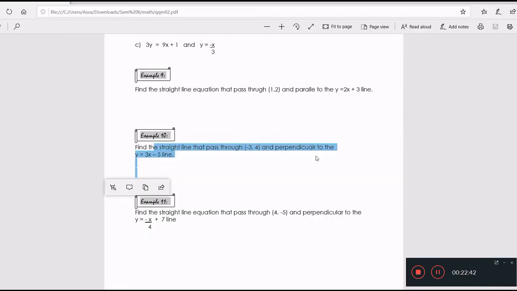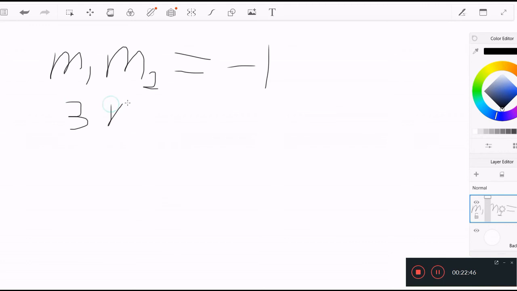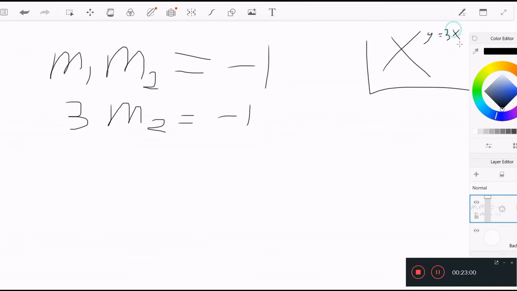I have m1, which is 3, but I don't have m2. They are giving me this line, y equal to 3x minus 5, and I have to find the slope of the equation for the perpendicular line.